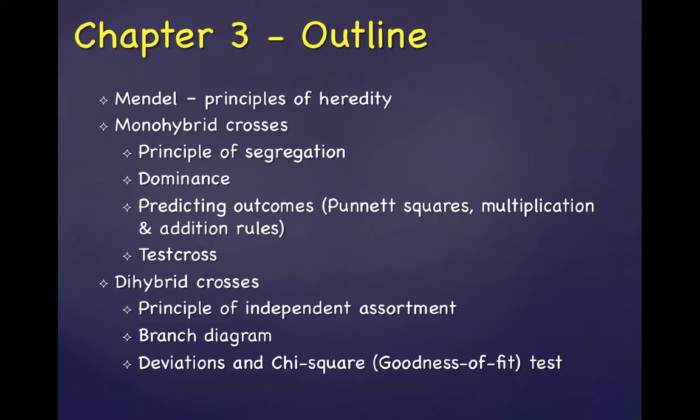We're going to look at a less complicated way to actually predict probabilities and outcomes. And then we're going to actually test a couple of hypotheses to make sure what we're observing in a data set or in the real world is actually reflective of Mendel's principles or not.